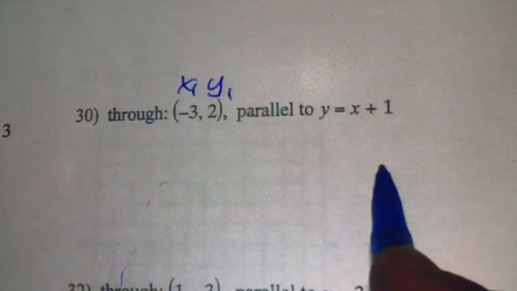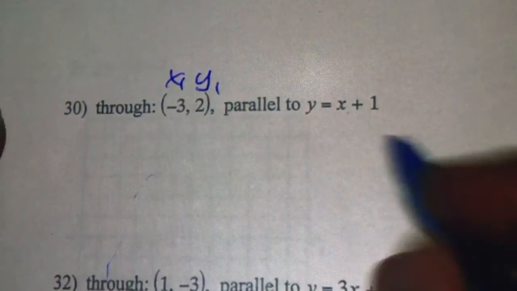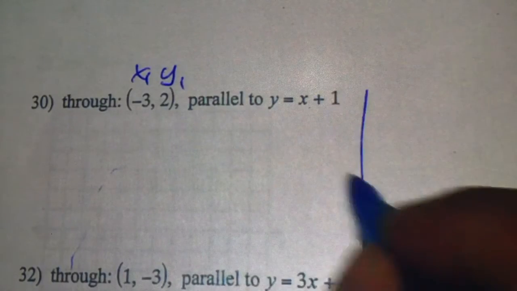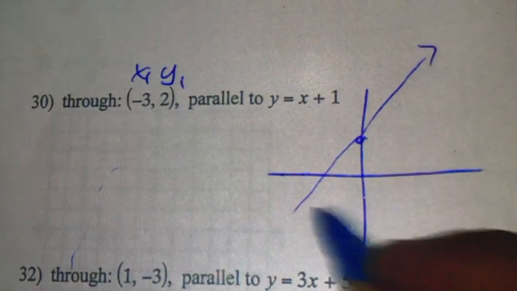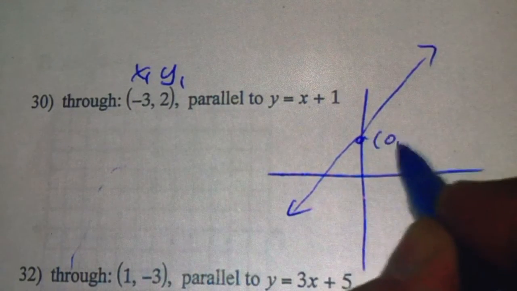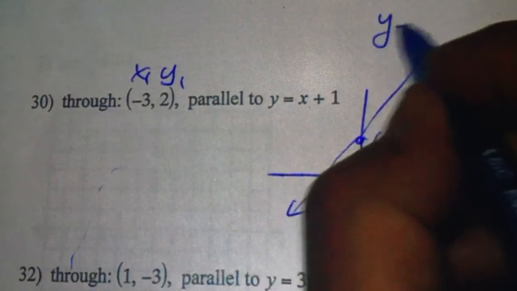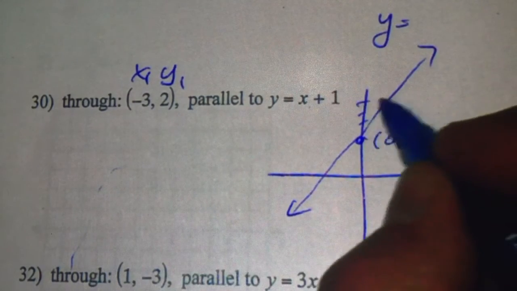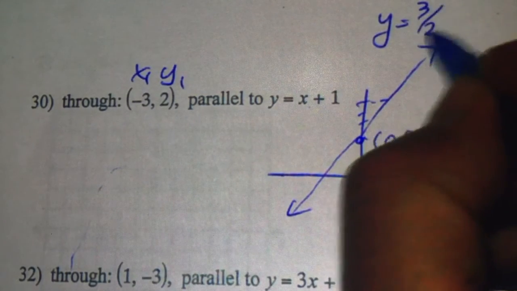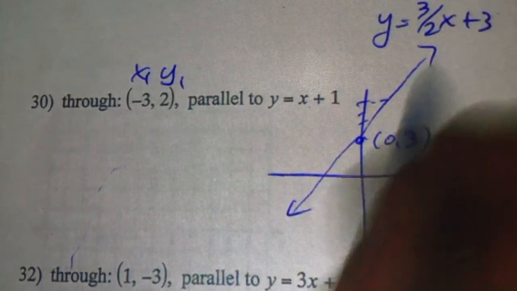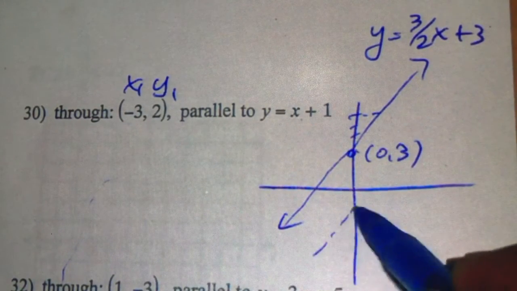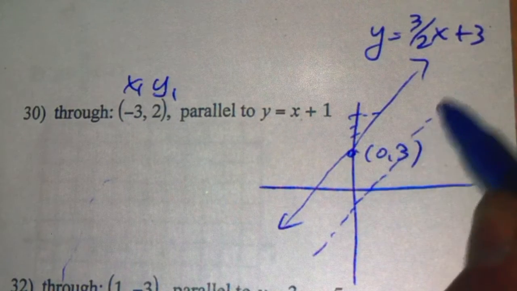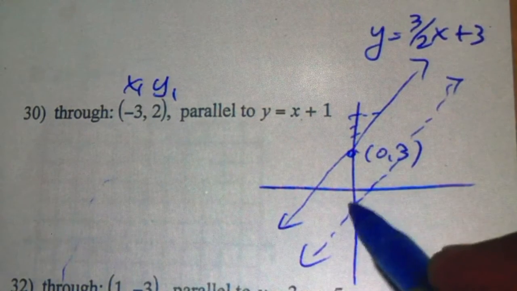Well, what does it mean to be parallel? I'm going to do a quick sketch and just show you. If I draw a line like this, through the point 0, 3, and that line is y equals, let's say, 3 over 2 x plus 3. Well, let's draw a line parallel to that, through the y-intercept down here, negative 1.